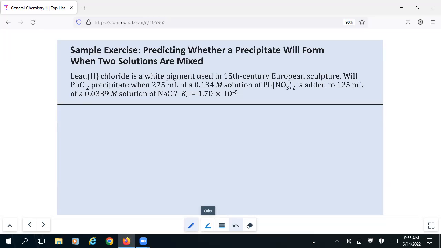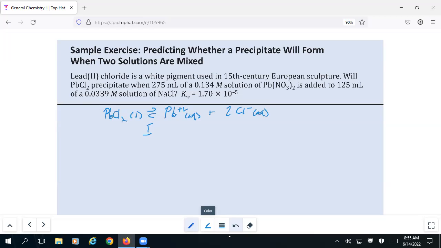So what we're looking at is the equilibrium between lead 2 chloride and its ions, the lead 2 ion and the chloride ions. Now, we don't need to do an ice table here because we're not trying to figure out the equilibrium concentrations.